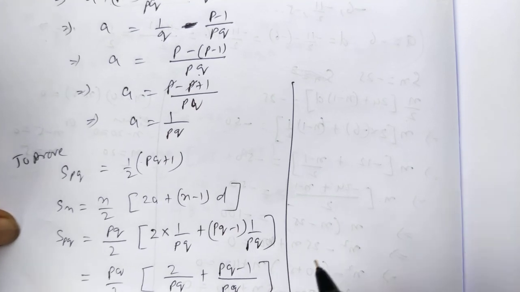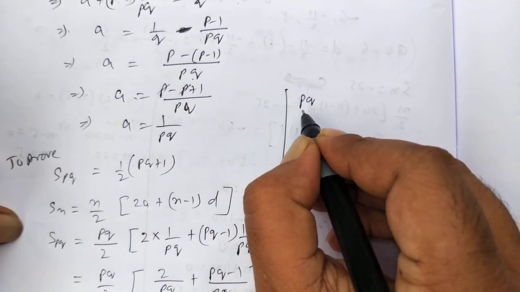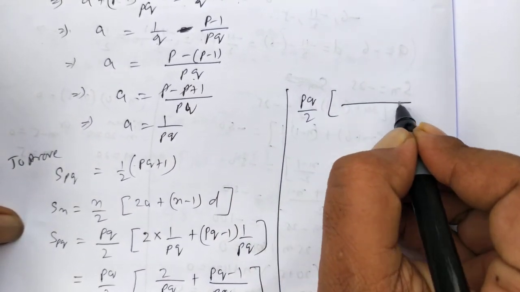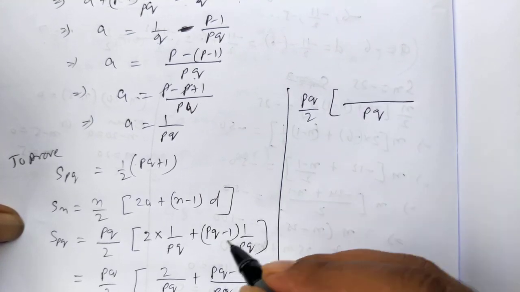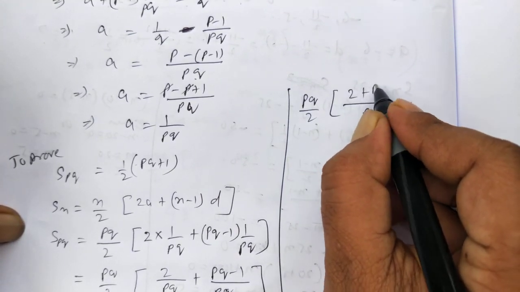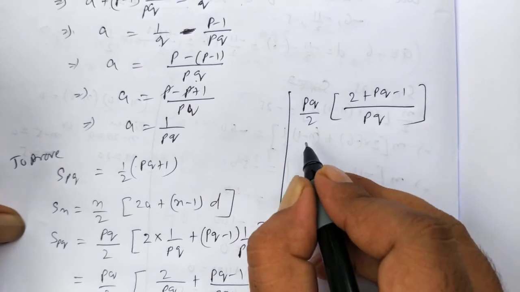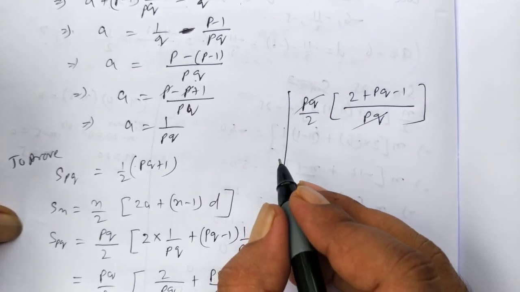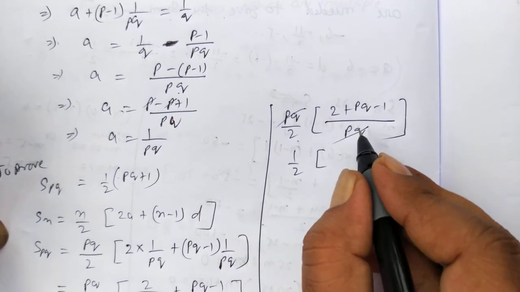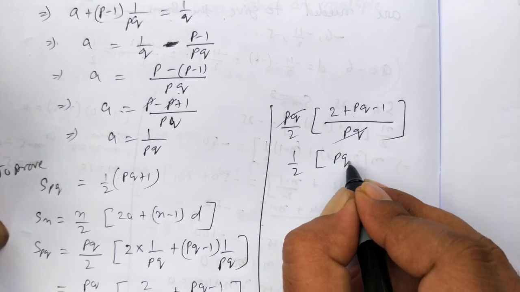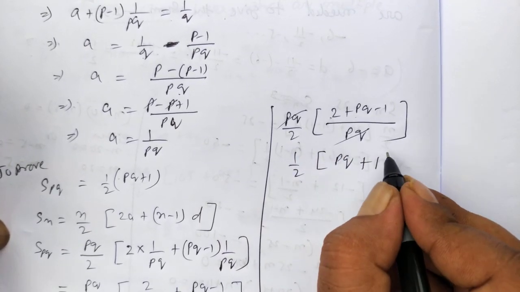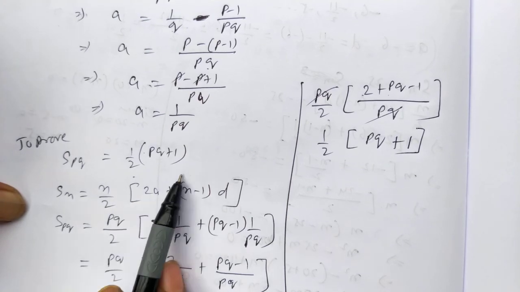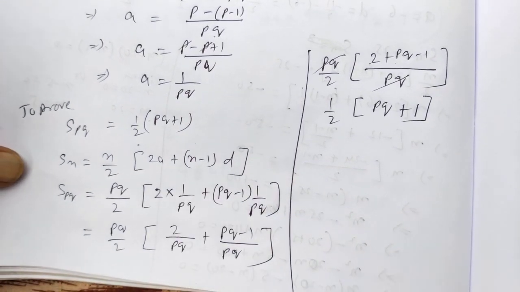If we take the LCM, pq by 2, the LCM is the same, no change on the upside, 2 plus pq minus 1. So pq cancels after the LCM, we can write 1 by 2 times pq plus 1. So you got the answer, hence proved.